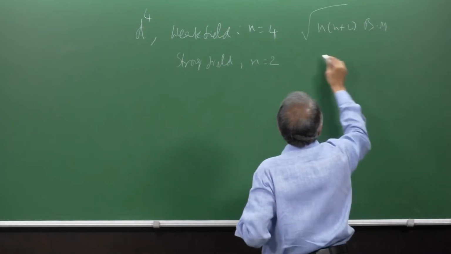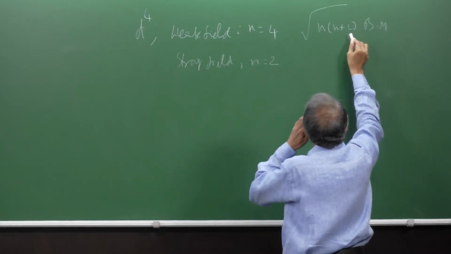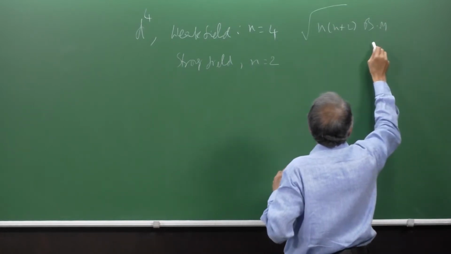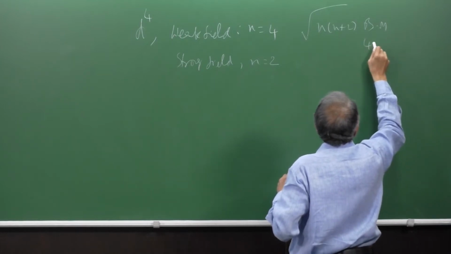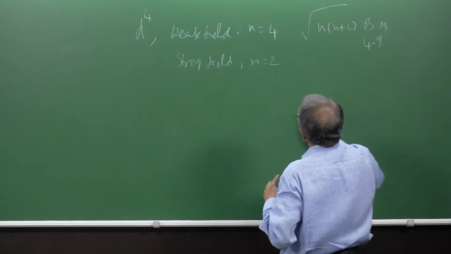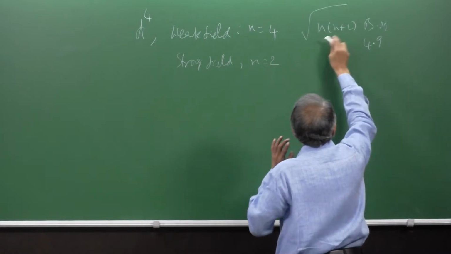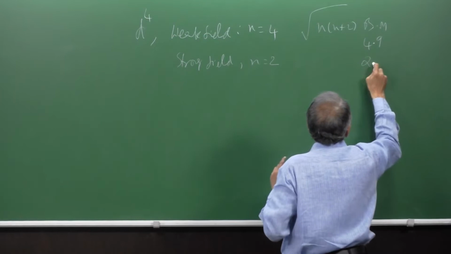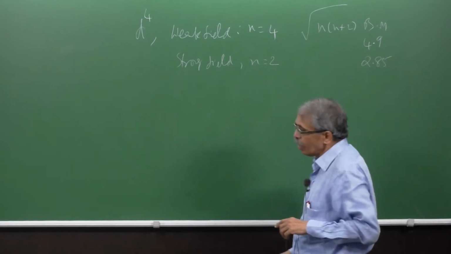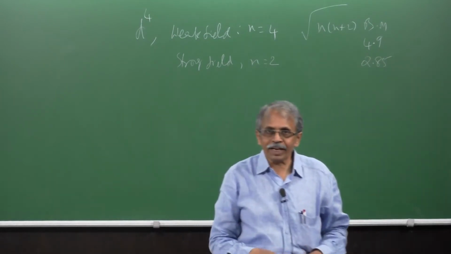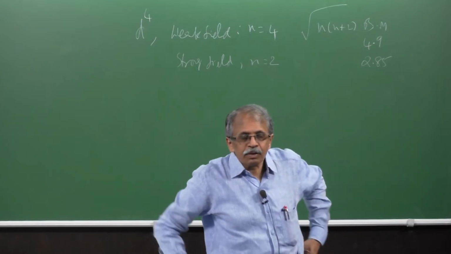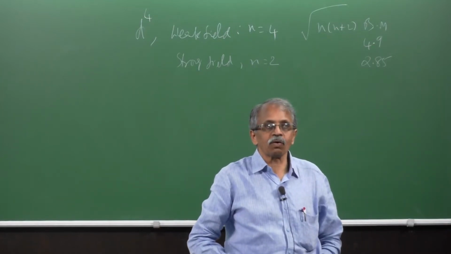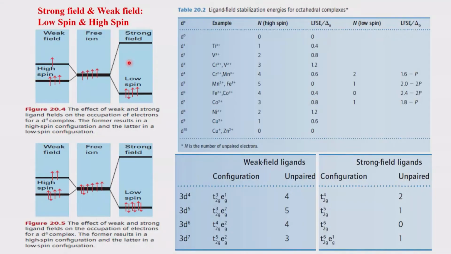So, this will become 4 into 4 plus 2, 6, 6 into 4, 24, square root of 24, 4.9 or something. Here it is 2 into 4, 8, so that will be 2.85 or something like that. See how much difference. So your magnetization, magnetic moments, your magnetic susceptibility also vary accordingly, and your magnetic moment changes. So therefore field strength is also another parameter you are now looking at.